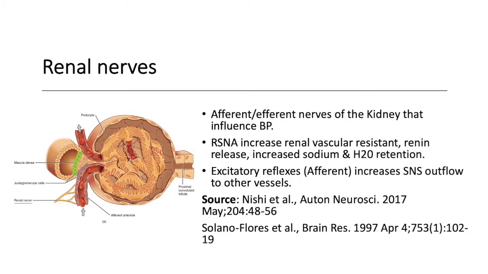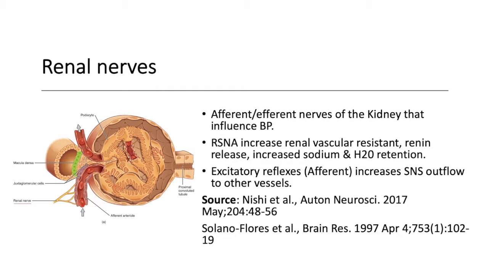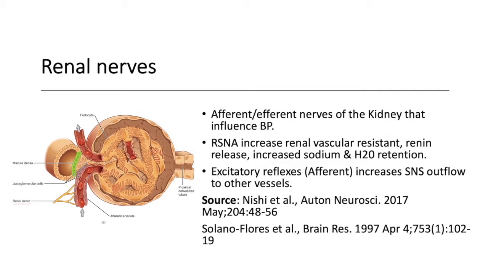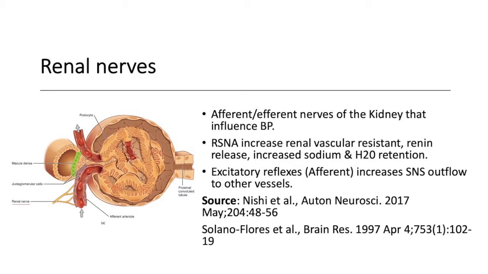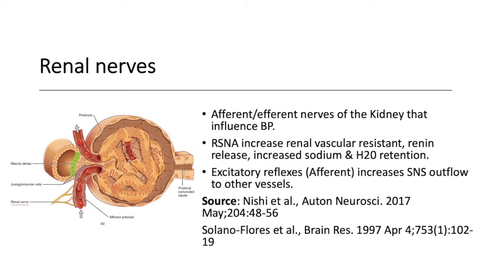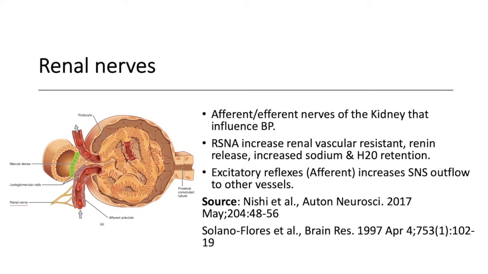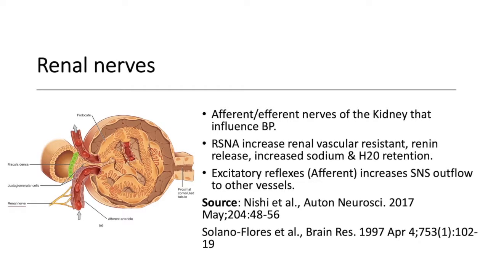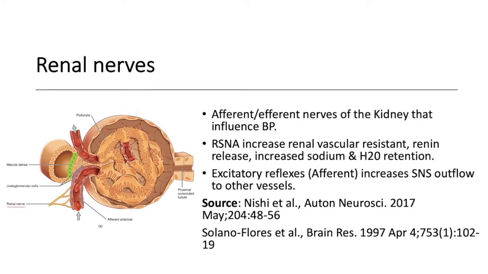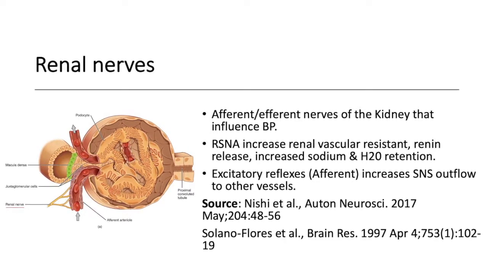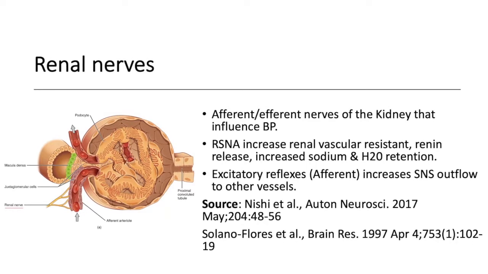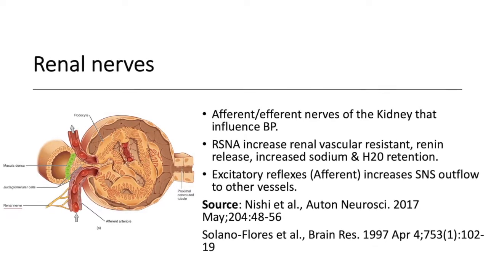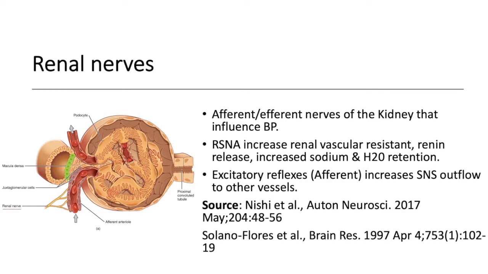The final experiment I'm going to mention is about renal nerves, which are afferent or efferent nerves of the kidneys that influence blood pressure, and they consist of RSNA to increase renal vascular resistance, producing renin release, and increasing sodium and water retention. So this increases the retention of salts and water into the blood system instead of the usual expelling it through the kidneys and into the bladder.